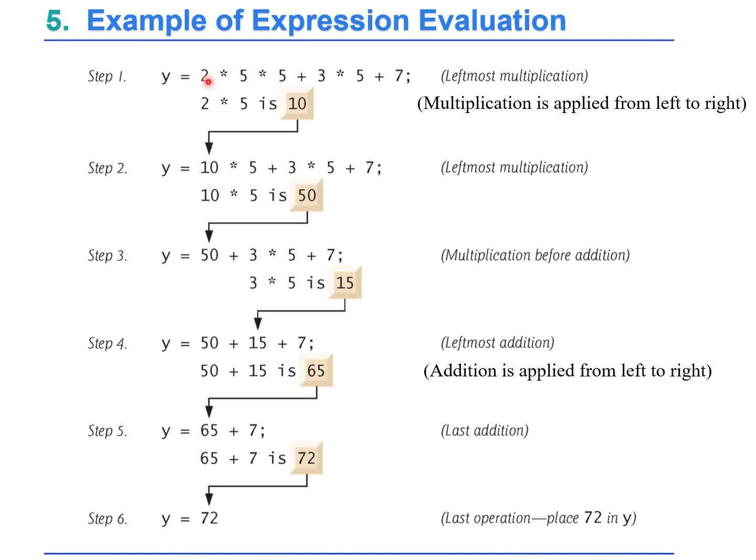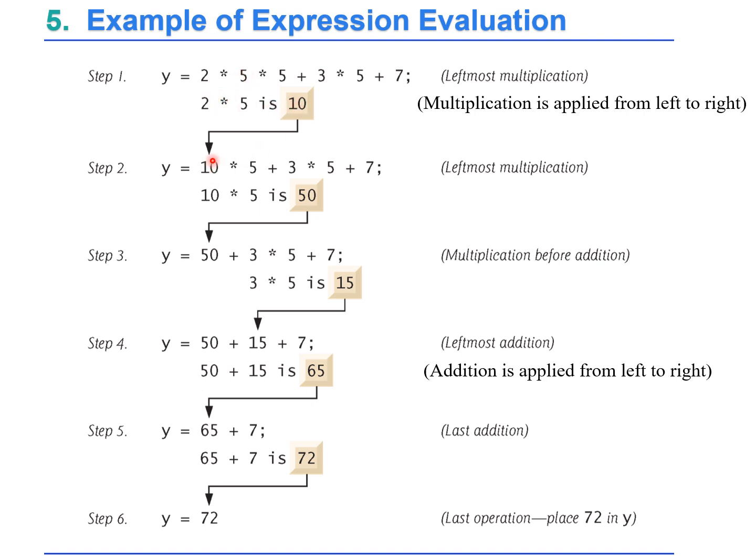By the rule, the multiplications are applied first, from left to right. So we apply the leftmost multiplication, which is 2 multiplied by 5, and the result is 10.